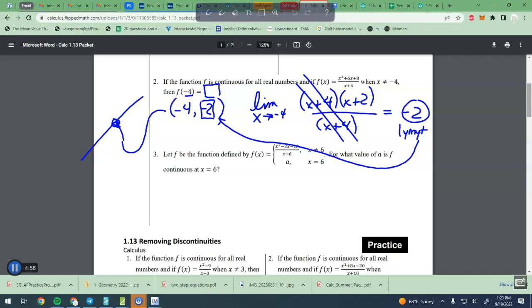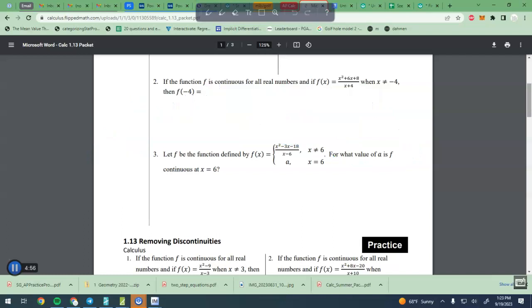Question on 2. 3. Same idea, it's just set up a little bit differently. We want it to be continuous at x equals 6. I've got like, this is a road, and at x equals 6, there's like a hole in it, and this is a bridge.